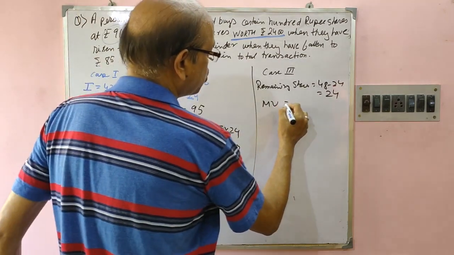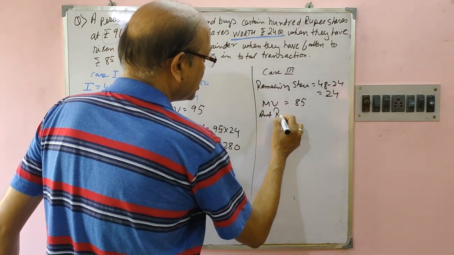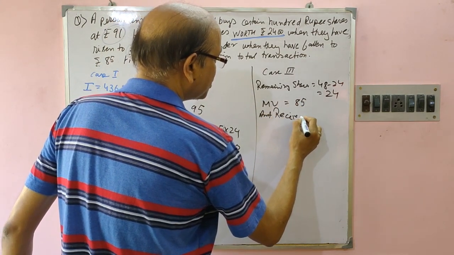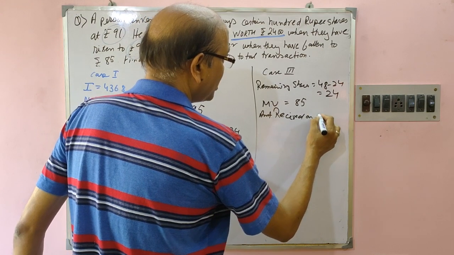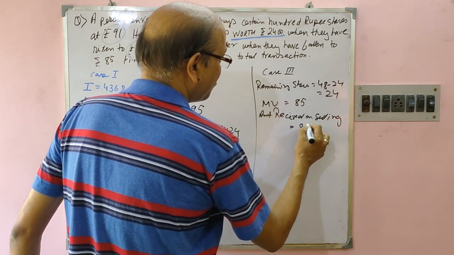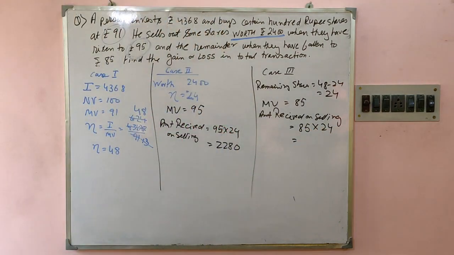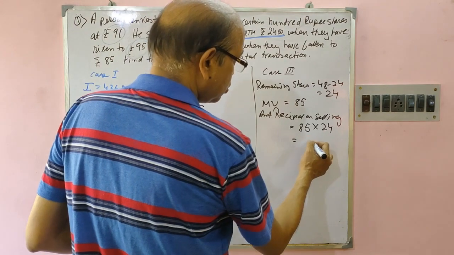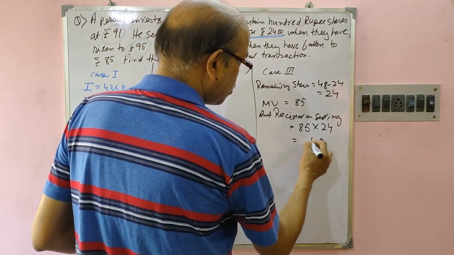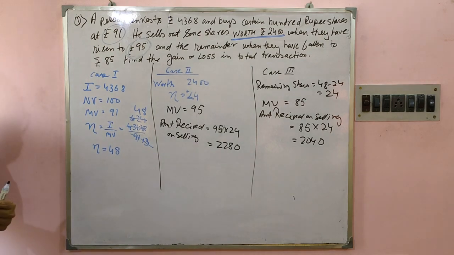Therefore, the amount received on selling, that is your proceeds, is 85 into 24. 5 4s are 20, 8 2s are 16, so 2040. Clear?